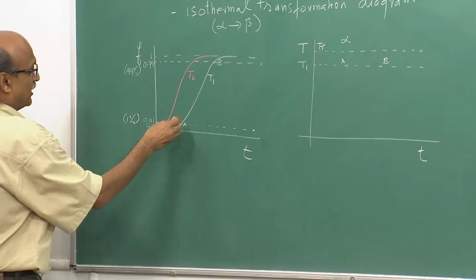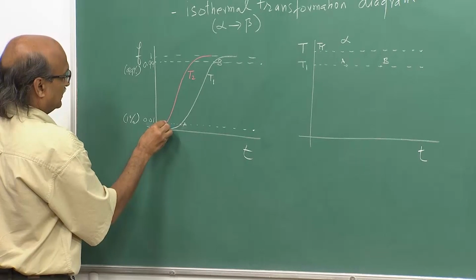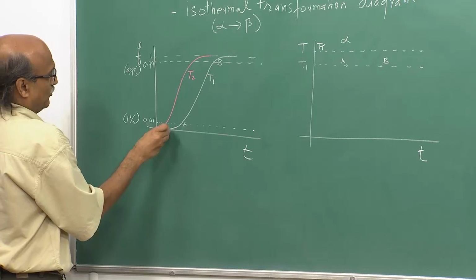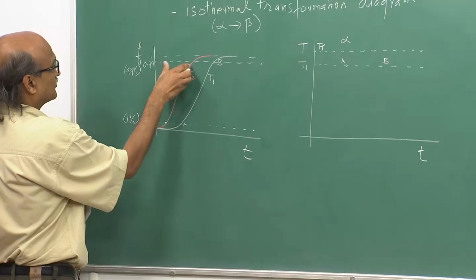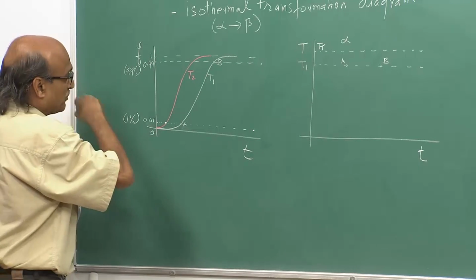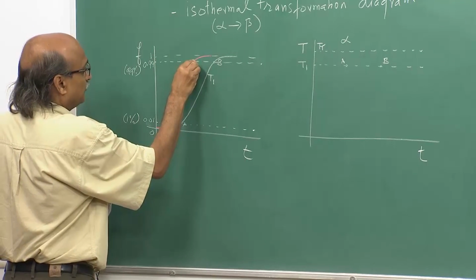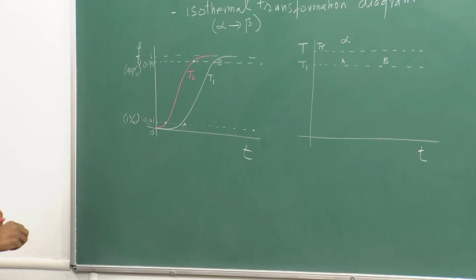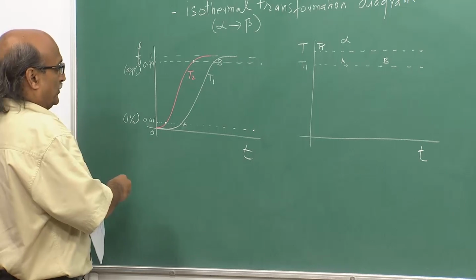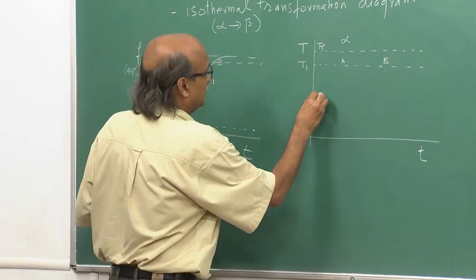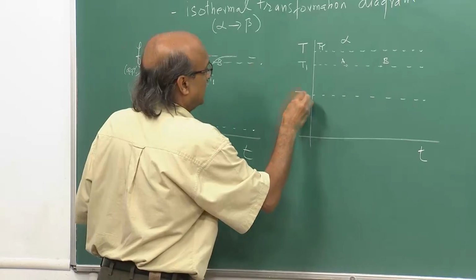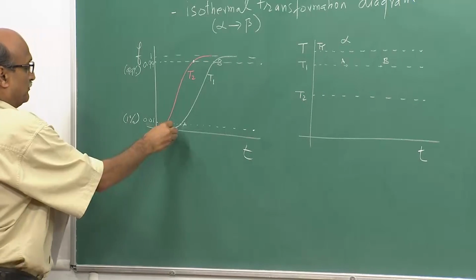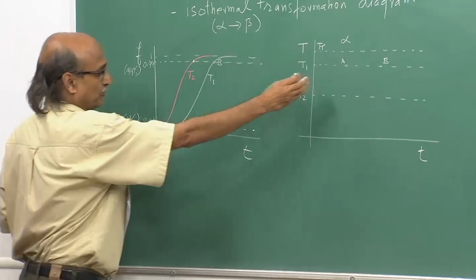Again, I can mark 2 points: this much time is required for 1% transformation to complete, and this much time is required for 99% transformation to be complete. So, here let us say the temperature T2 is somewhere here, and I copy these 2 points onto this diagram.